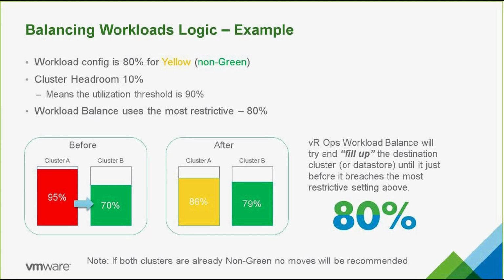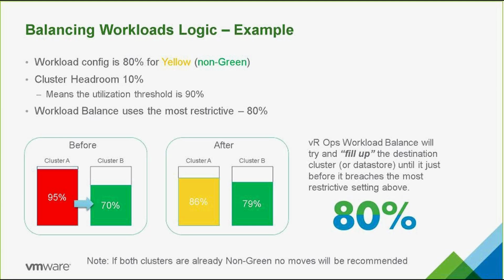Now, when I did the move using the WLB engine, you can see the after situation. In the after situation, we took care of both your policies. We moved the workload of cluster A as much as possible to ensure that it has the headroom.